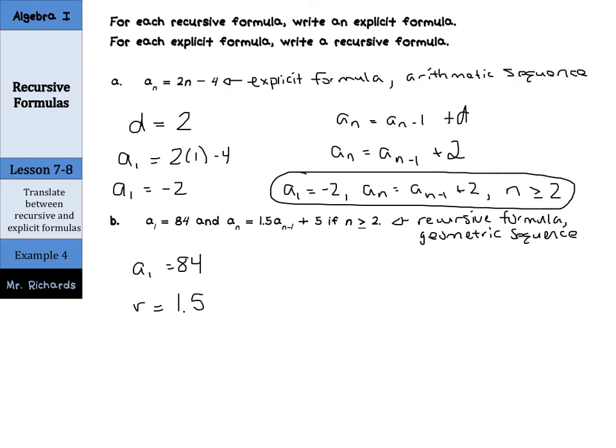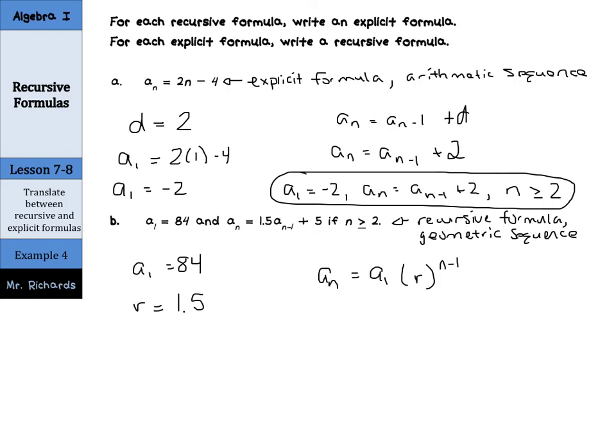So to write this now as an explicit formula, that is a geometric sequence, we're going to follow the pattern a(n) is going to equal our first term, a1, multiplied by our common ratio, r, to the n minus 1 power.